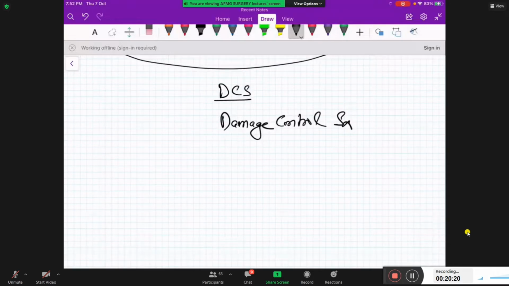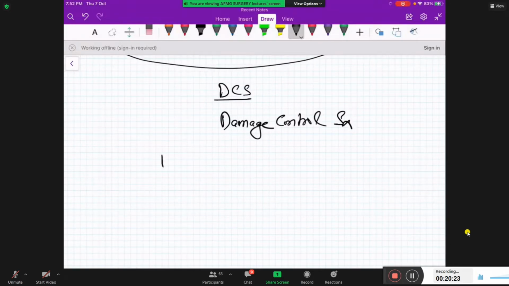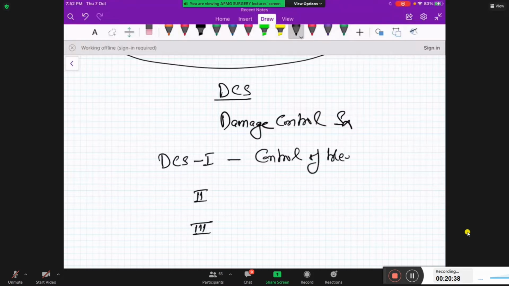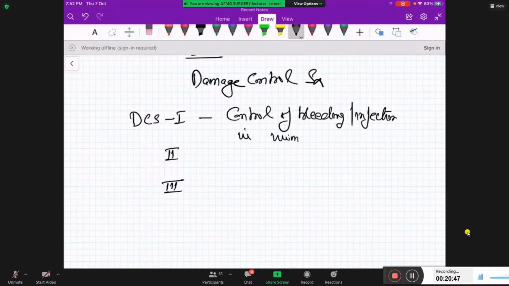So this damage control surgery has three components, three phases: DCS1, DCS2, and DCS3. DCS1 is control of bleeding or infection in a minimum possible time.